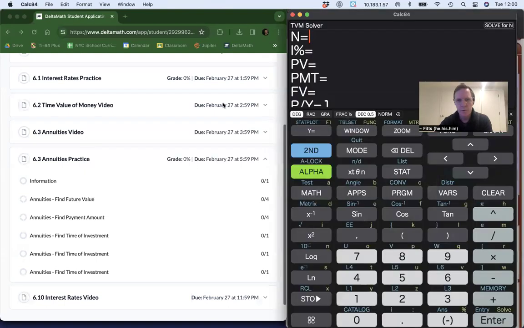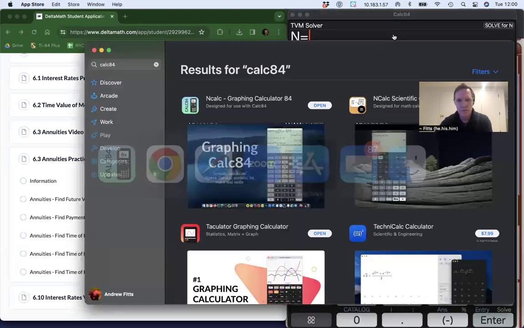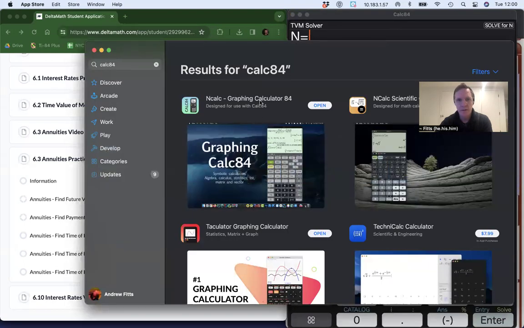Here's one. TVM Solver is available in Calc 84, which is this app here, NCalc Graphing Calculator 84. There are two others I know of for the iPhone. One is Graphing Calc 83, which is pretty good, and the other is Calc X, which is also pretty good.